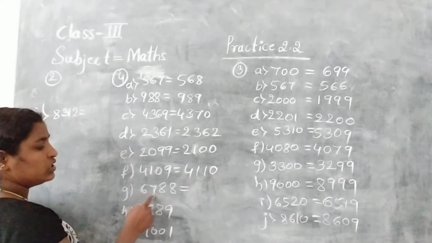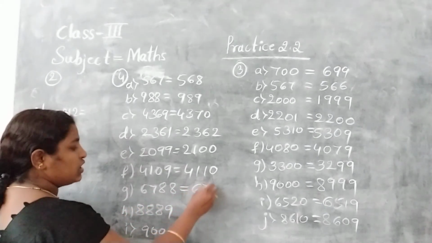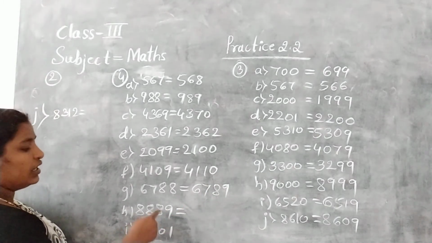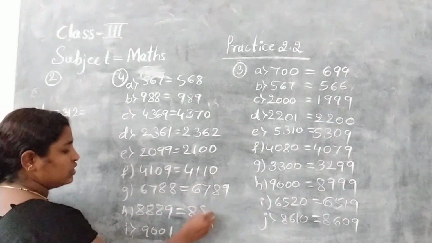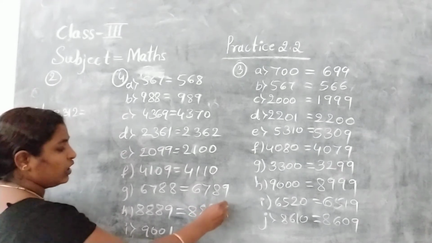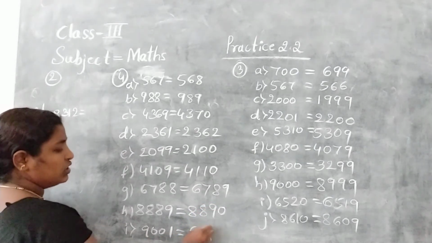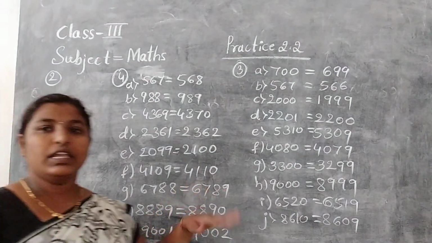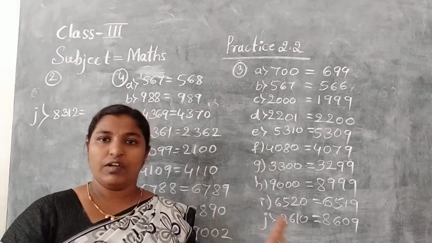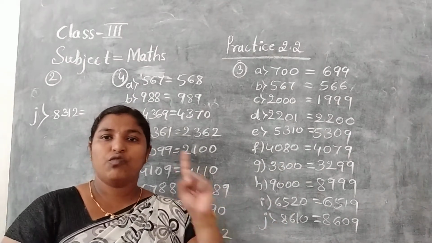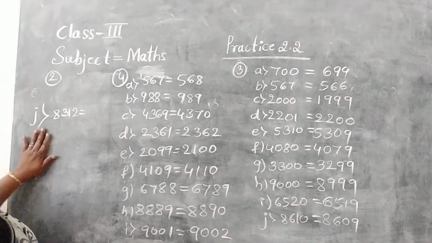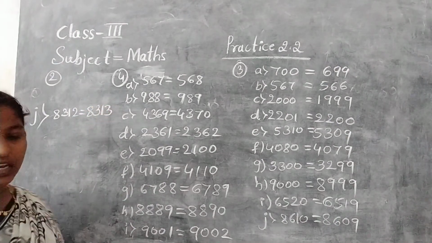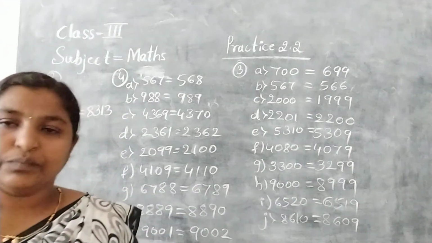Next, 6788, 6789. Then 8889, 8890. 9001, 9002. So successor is nothing but writing the number just after the given number, or addition of 1 to the given number. So next, J, the answer will be 8313.